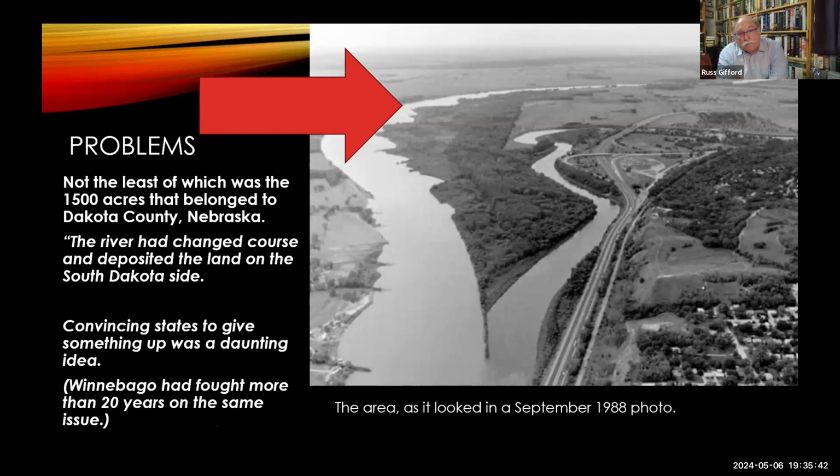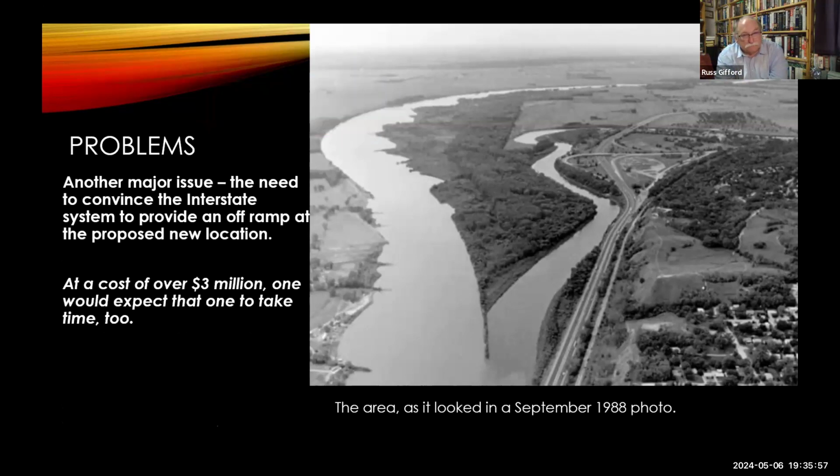But remember, it took them over 20 years of court cases to ever get that resolved. So the fact that this is up there, that's a big problem, right?